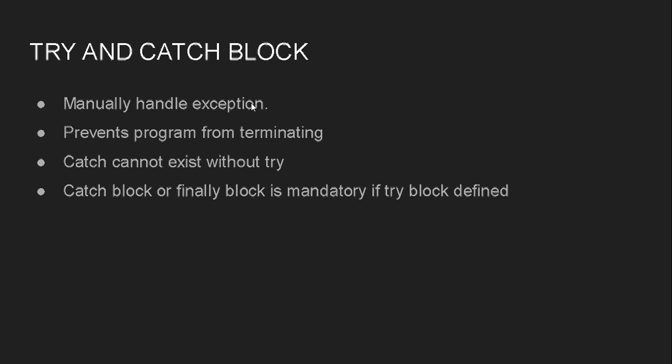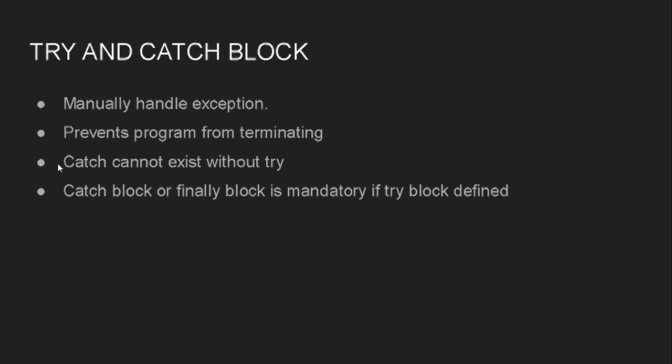Let us say you want to handle an input output exception, as I said earlier. You're trying to open a file which does not exist in the first place. In that case, it is going to throw an IO exception. So if you want to handle that particular exception, then for that purpose we can use the try catch block.